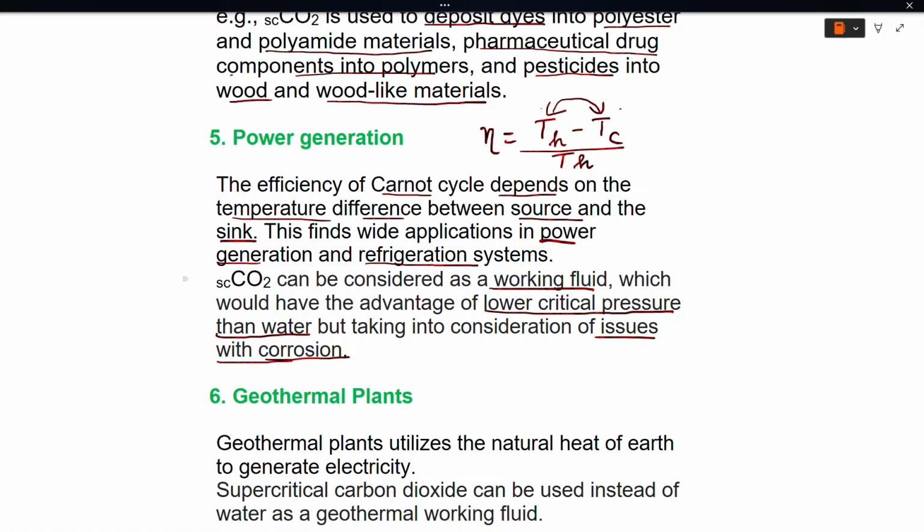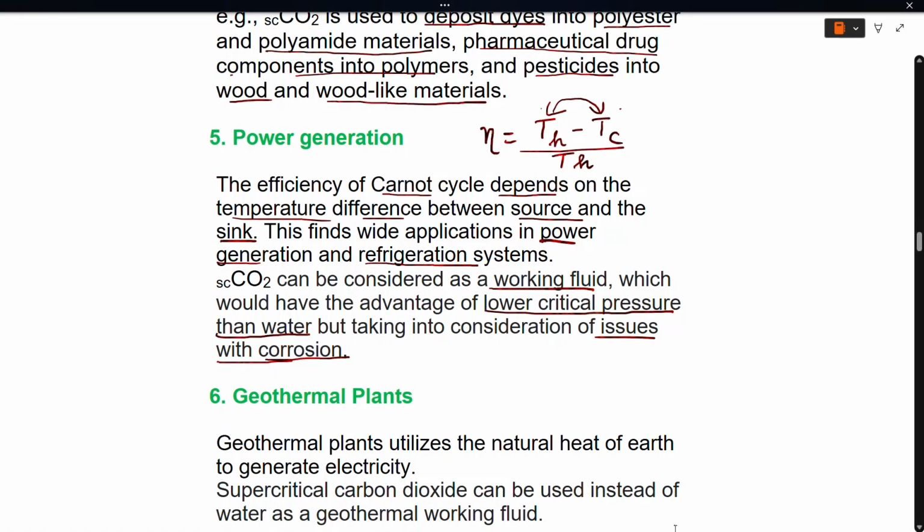So, we have to see that the metal is not getting corroded, and in that case you can use supercritical carbon dioxide as a working fluid, because carbon dioxide penetrates into very small voids in the material. Once it gets into it and starts corroding, the material gets damaged.